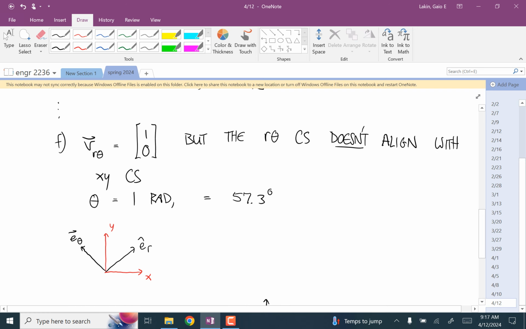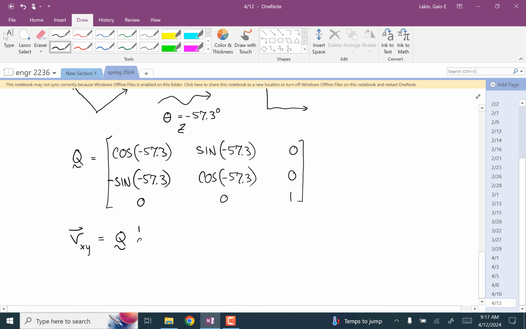That was 1, 0, right? 1, 0, you got to give it the z component too. And so you get 0.54, 0.84. And you get a 0 too, which you can ignore or put in. Okay.